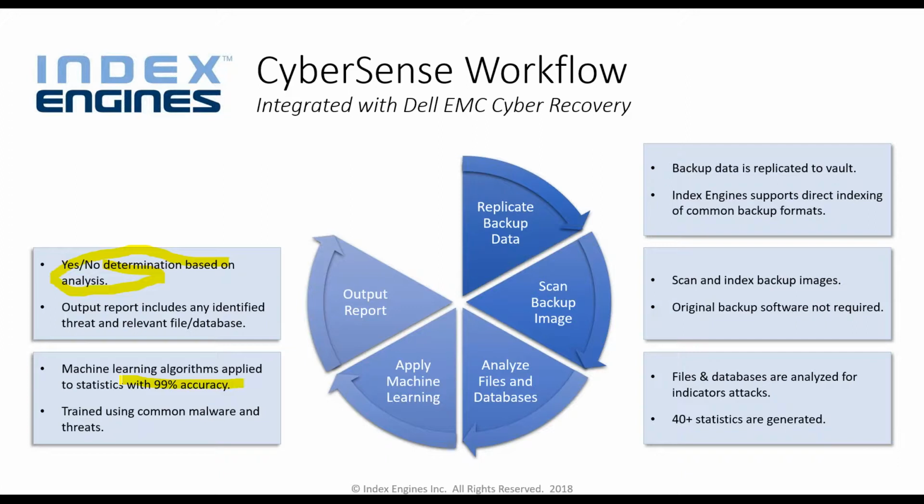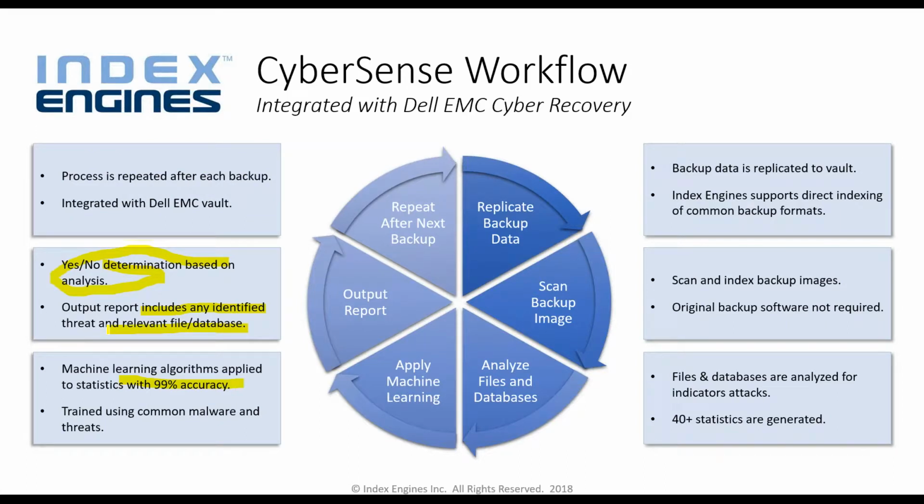The output will give you a yes/no determination: either there's been no sign of an attack, or yes, everything indicates that an attack is occurring. If there is an attack, it will also output the identified threat, so it tells you which threat is being used, and the relevant files and databases that are being attacked.